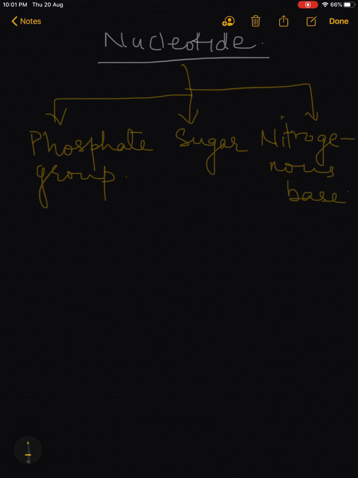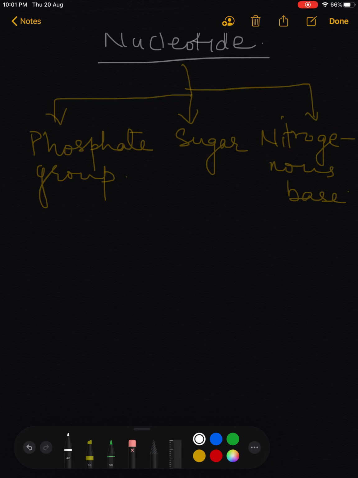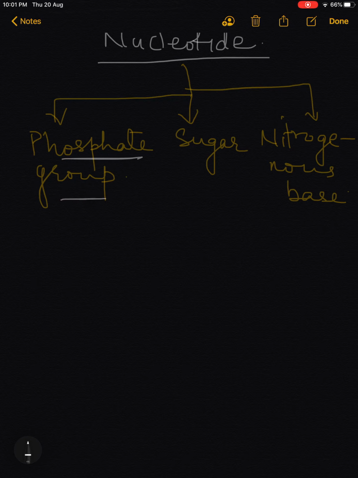So these are the three components of a nucleotide: the phosphate group, then the sugar and the nitrogenous base. Clear, children?